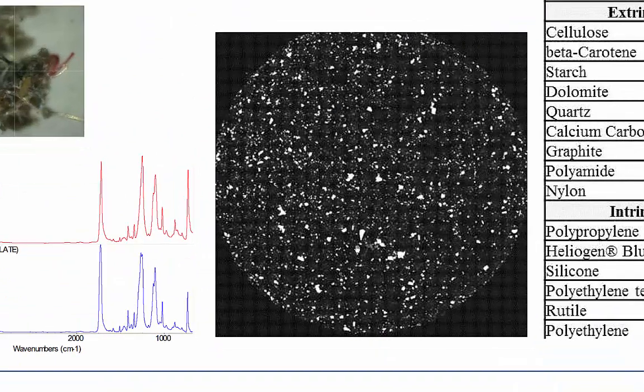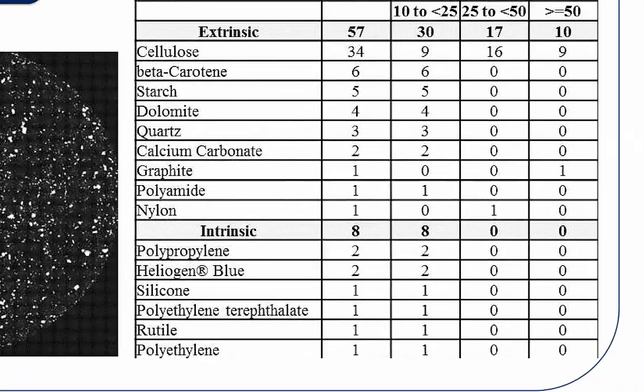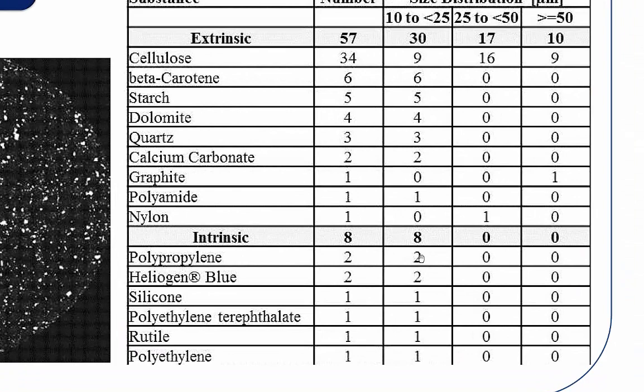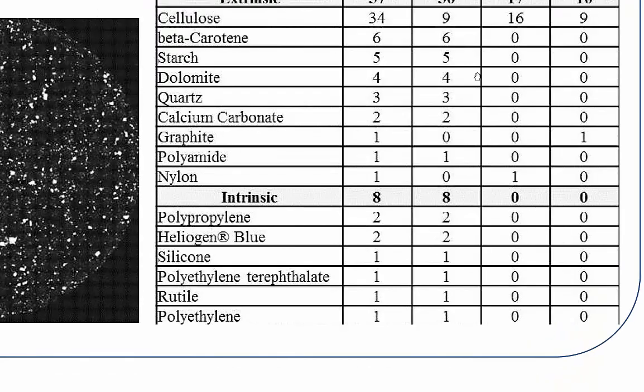Here, for example, the API. These are particles isolated from an API sample. We were able to filter that API. We took 1 gram of API, and you see that we find a fair amount of cellulose particles. We found some graphite, larger than 50 micron. And then also in the subvisible range, you find some particles. Since this measurement is fully automated, you already save a lot of time.